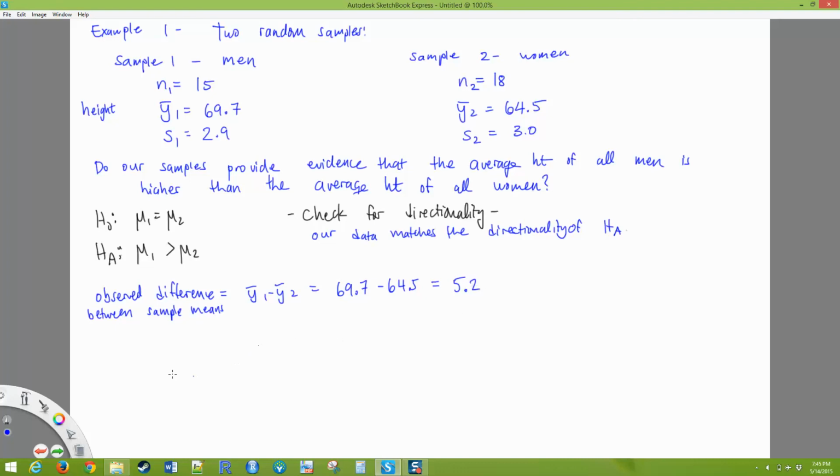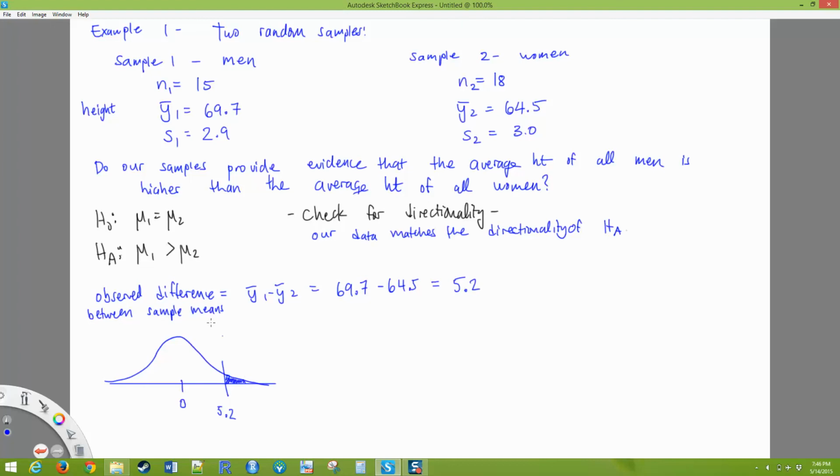Okay. So we said this quantity comes from the t-distribution with a mean of 0 and we have the standard error, okay? And we want to know, well, what's the probability of ending up at 5.2 or something more extreme?